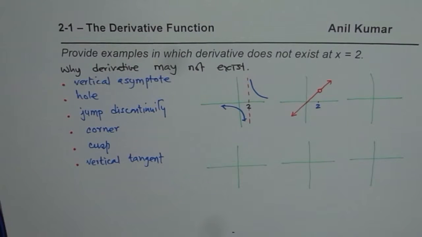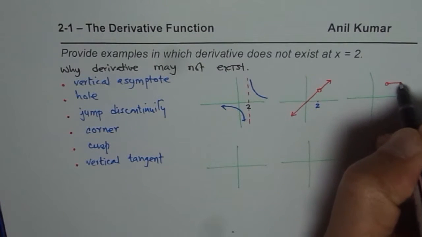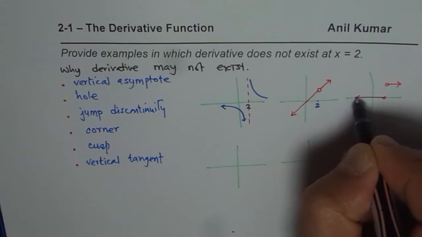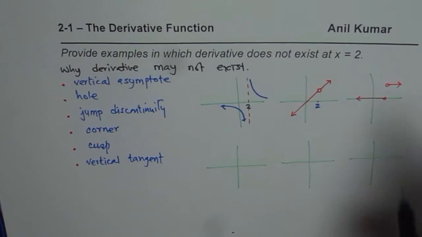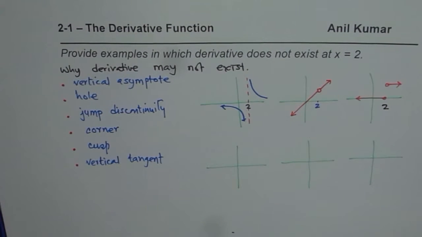Jump discontinuity at 2. So jump discontinuity at 2 could be, we could have a step function here, or let us say, okay, let this be the function, and let me fill this up here. And so the function has a value at 2, however, you cannot draw a tangent at 2. So the limit does not exist at 2.